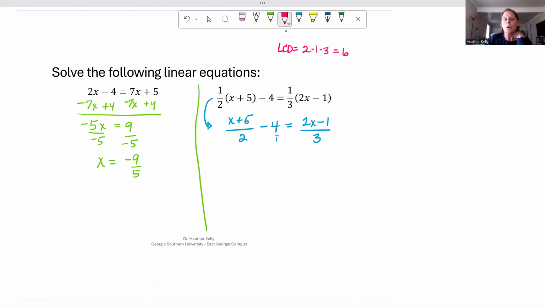Now, what I just said a couple of minutes ago was one of the only things that's fair in the whole wide world is algebra, right? And what you do to one side of the equation, you have to do to the other. And in turn, what you do to one term in the equation, you have to do to every term in the equation. So I'm going to go ahead and multiply all these pieces by 6.